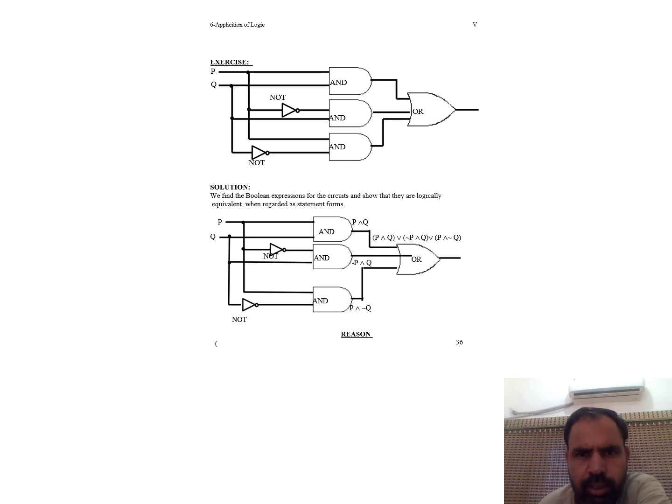We note that this P is with these AND gates, and this is Q. So this is the solution of P and Q because it goes through an AND gate.